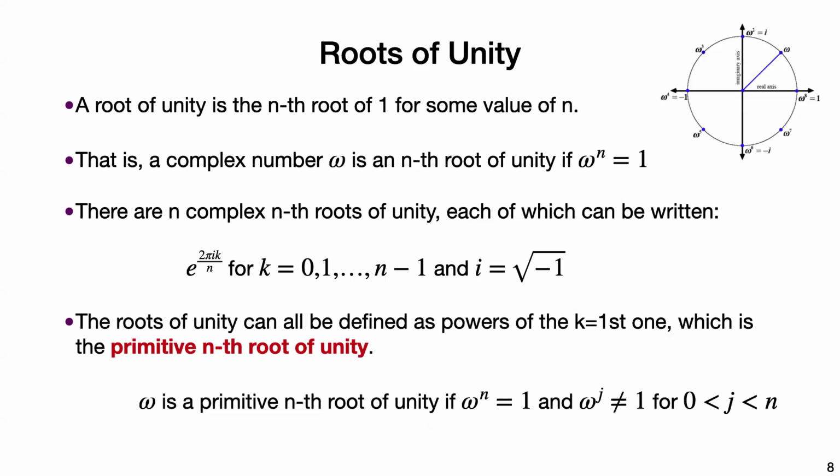As k ranges from 0 up to n minus 1, those are the different angles. They can all be defined as powers of the k equals 1 root, which is called the primitive nth root of unity. If you keep raising it to higher and higher powers, you go around this circle.